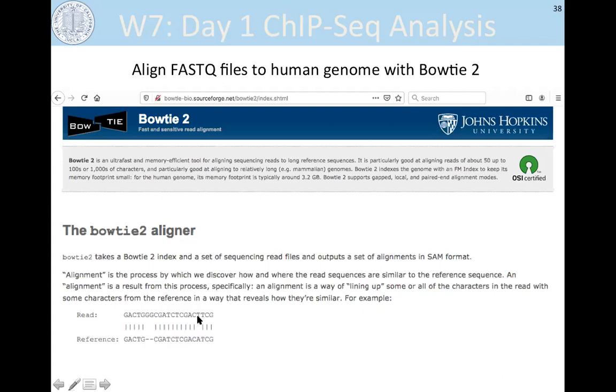You can see there's a mismatch here, an A to T. There's an insertion of 2 G's here. This insertion is going to penalize the score, and same with this mismatch. So for each potential alignment region, it's going to calculate a score, and it's going to result in aligning the read to the reference site with the best score. You can play with the parameters to have specific cutoffs of what scores are required for the alignment.